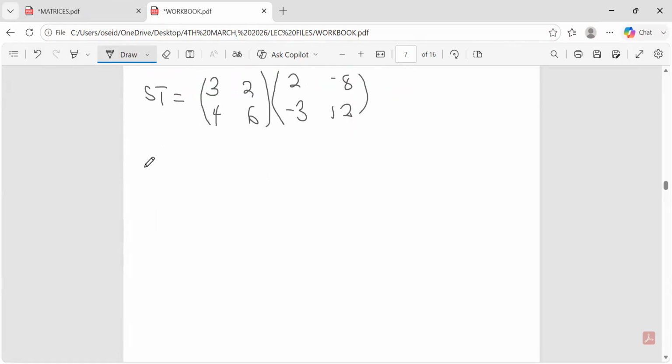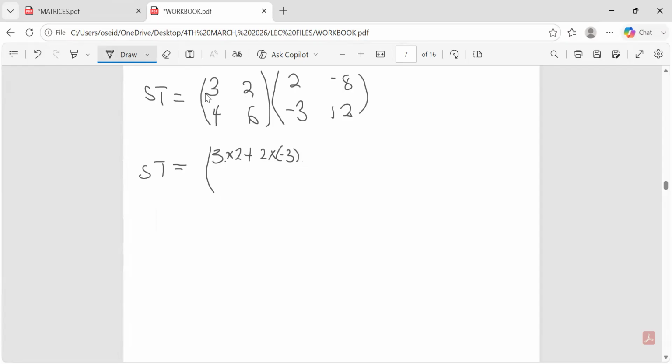So ST equals to 3 times 2 plus 2 times negative 3.